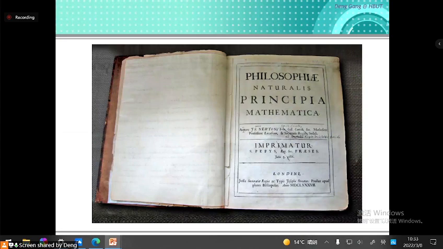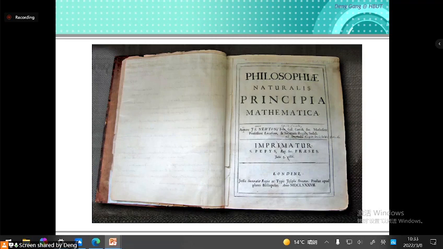So this is a very famous book, which is called Principia. Originally, it's not written in English. It's written in Latin, because at that time Latin is the language they used in the academic world, and English was not that widely used.